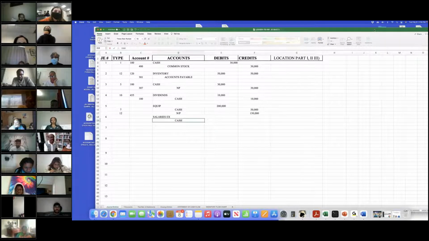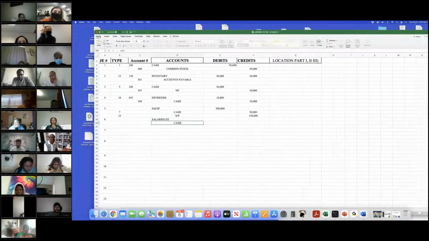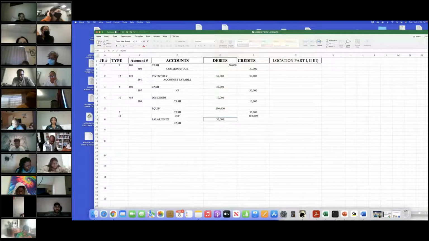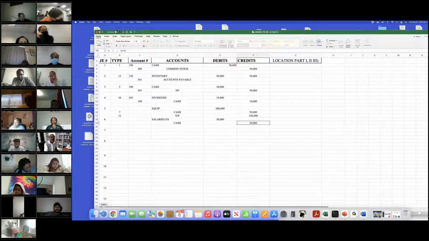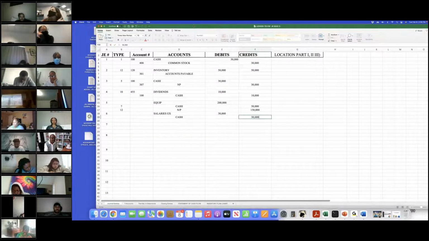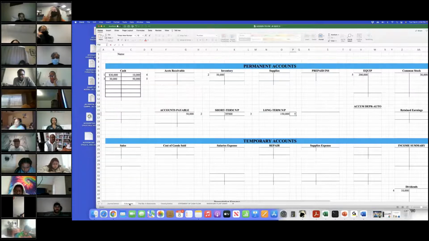One salary is 30,000, so we debit salary expense 30,000. Credit cash 30,000. So the T accounts, 6.